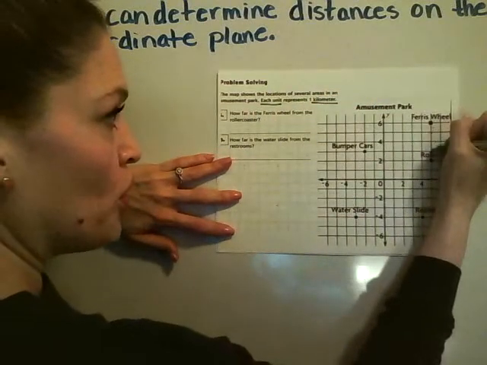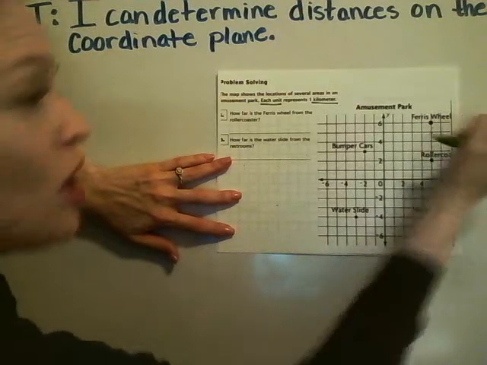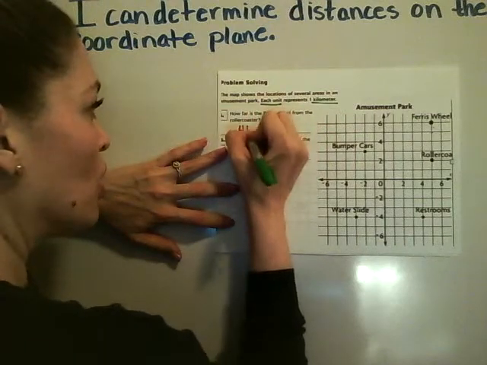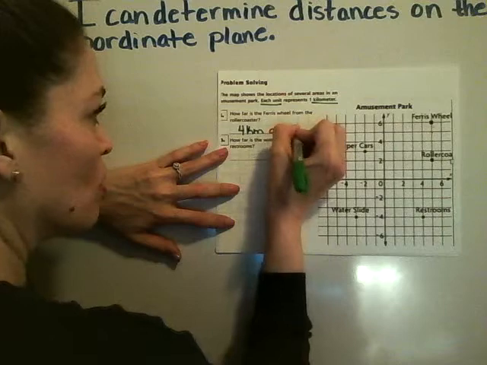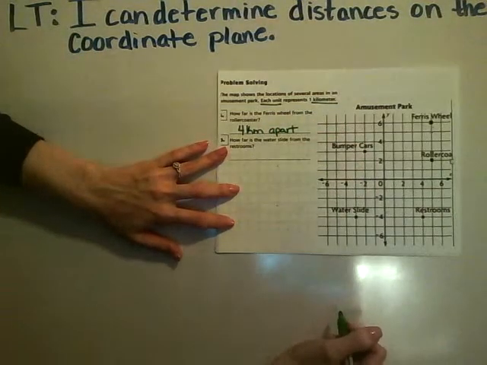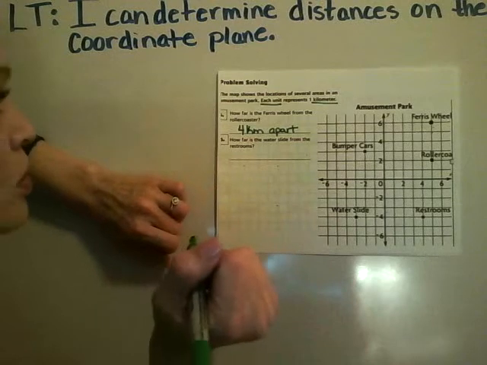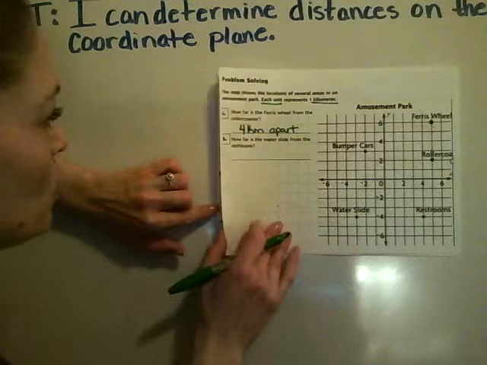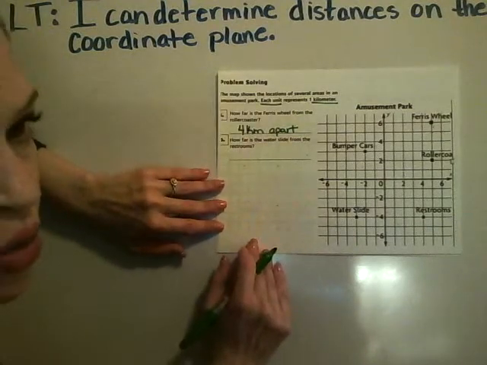So if they're 4 units apart, then that means that the Ferris wheel and the roller coaster are 4 kilometers apart. Okay? Try number 5 on your own. Is that number 5? I'm sorry, guys. Hold up. No. Try number 6 on your own.